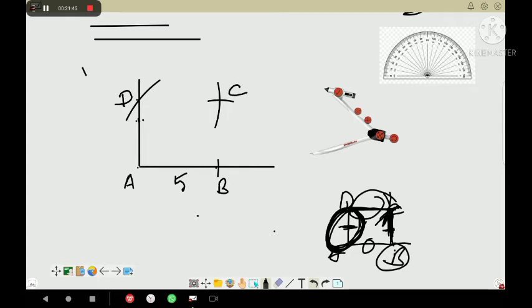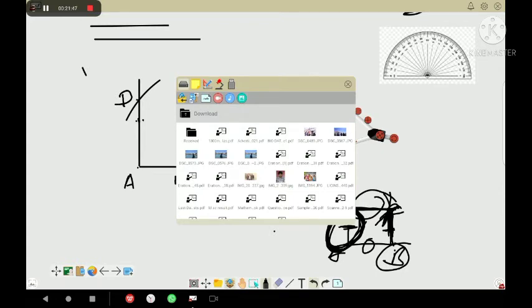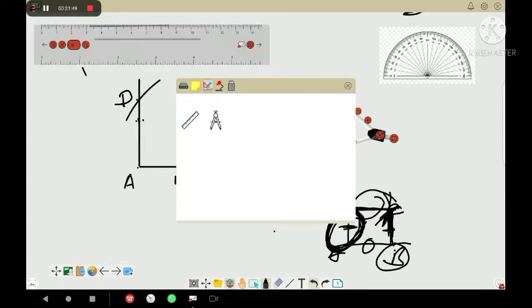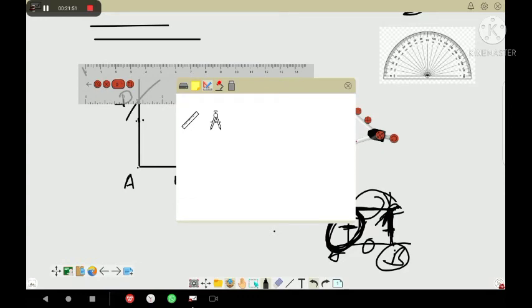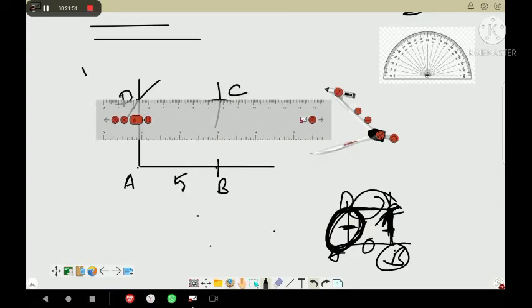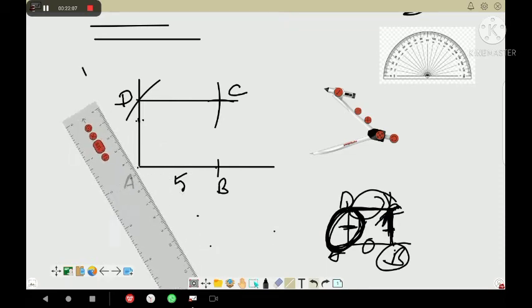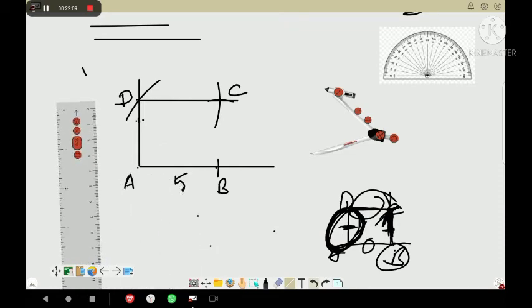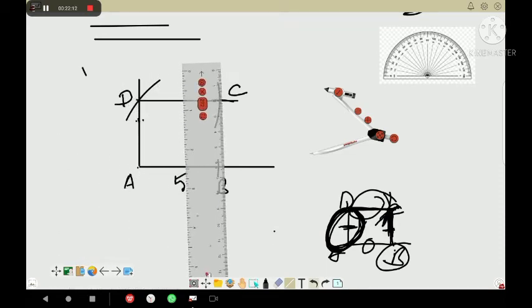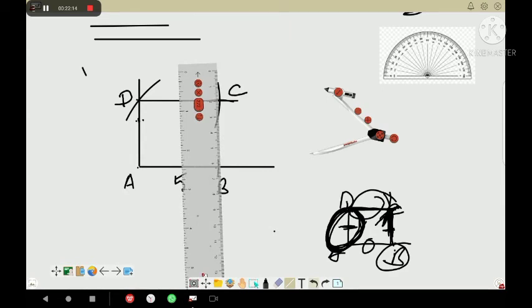Now if we join BC and CD, then we will get the required rectangle.